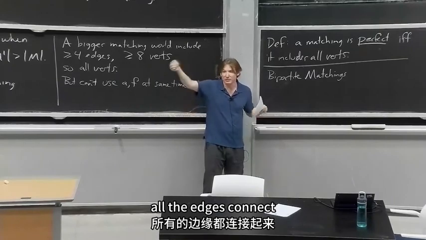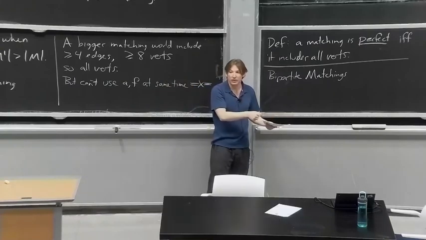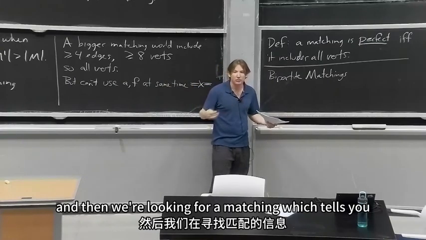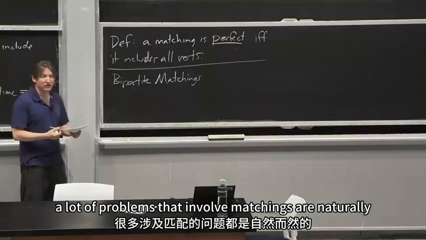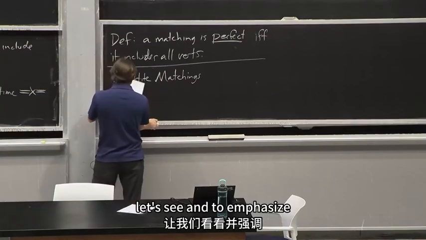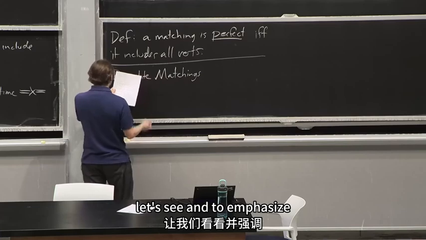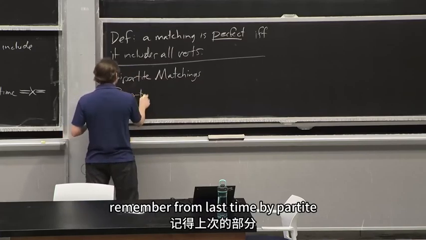All the edges connect a task to a server when it's possible for that task to be done on that server. And then we're looking for a matching, which tells you which servers are doing which tasks. So a lot of problems that involve matchings are naturally bipartite.